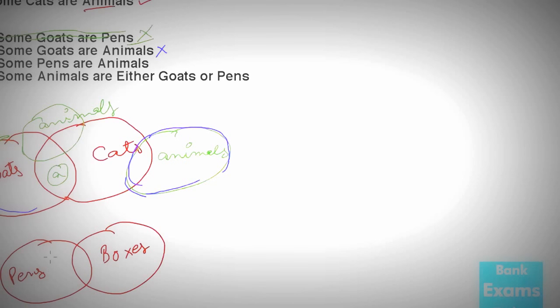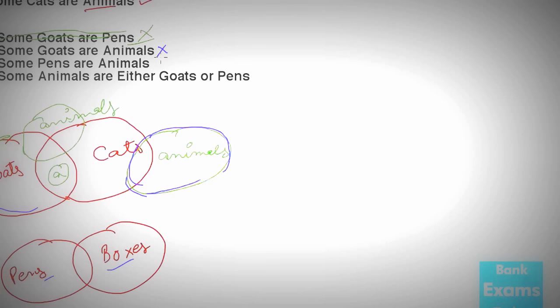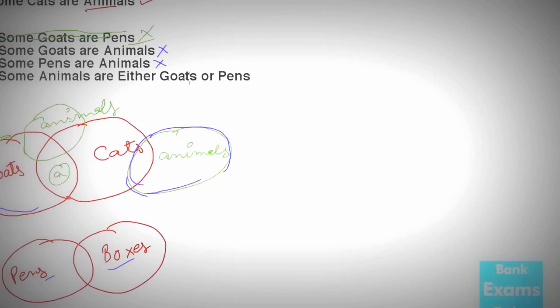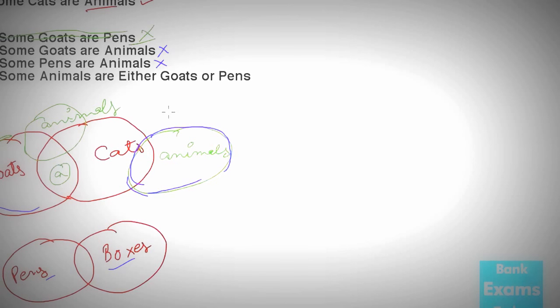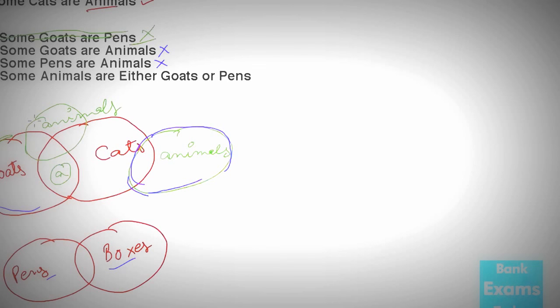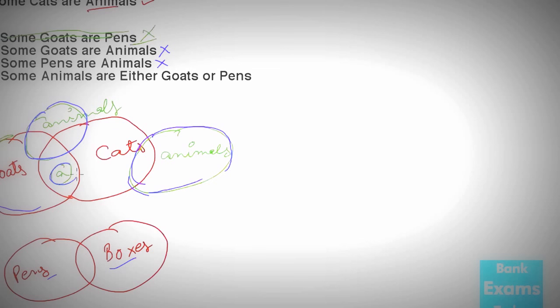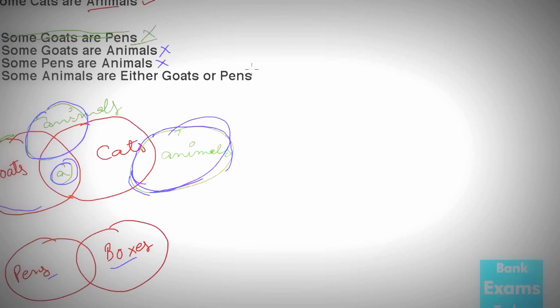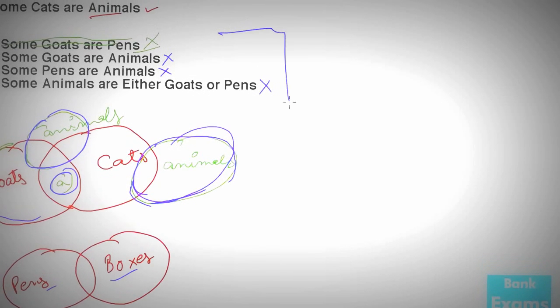There is no relation between the pens boxes with this graph, so cut it out. Some animals are either goats or pens. Animals can be this circle or this circle or this circle. So we can't conclude the fourth conclusion as well. So none of the conclusions follows.